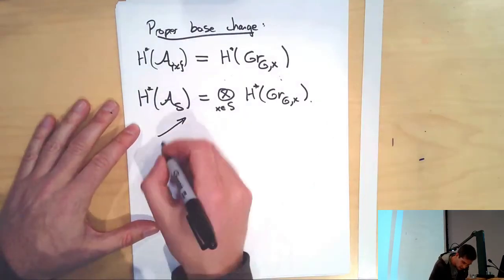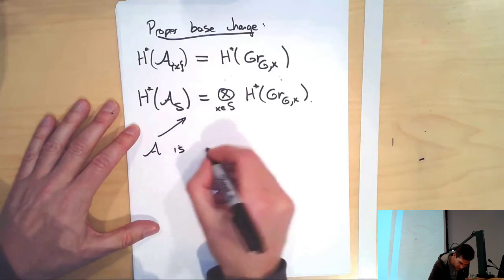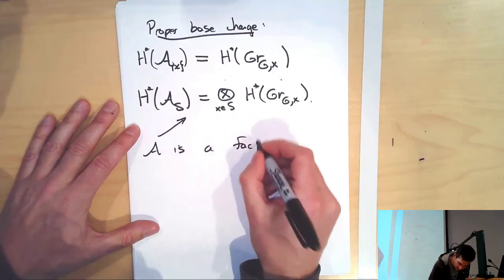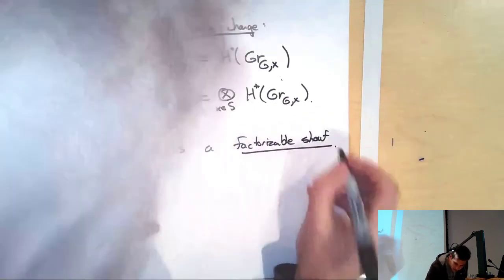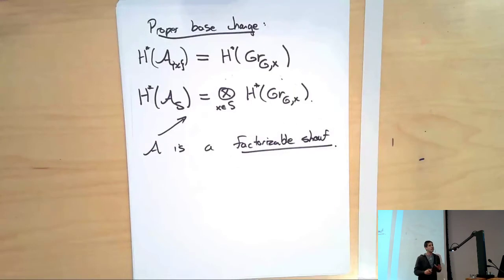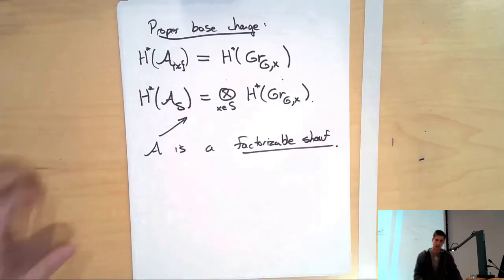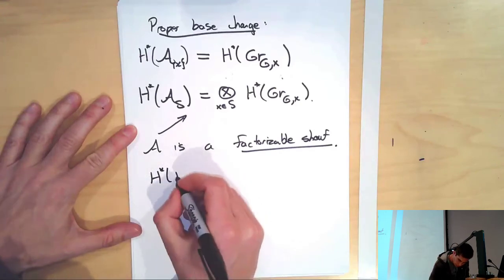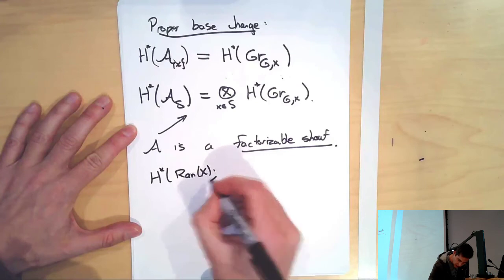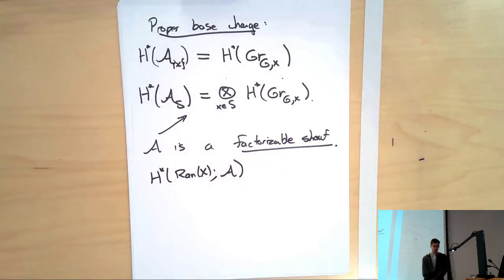So this here is articulating that A is what's called a factorizable sheaf. And what that means roughly is it's a sheaf on the Ran space such that when you take its stalk at a point corresponding to a finite set S, it factors as a tensor product of the stalks associated to the individual elements of S. So now what we're interested in is taking the cohomology of the Ran space with coefficients in this sheaf.